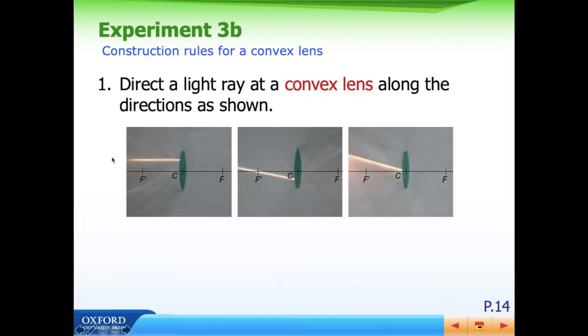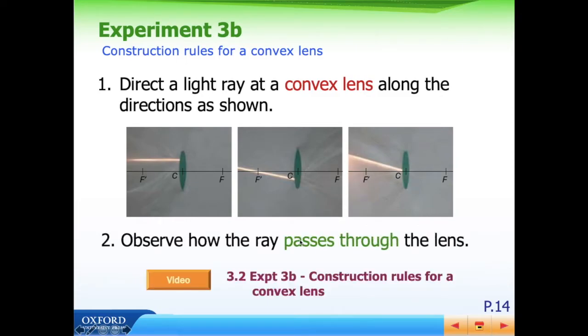So the first is that the light ray is parallel with respect to the principal axis. And second, it is directed to the focus prime. And then the third one, it is directed to the optical center. Then you observe how the ray passes through the lens.